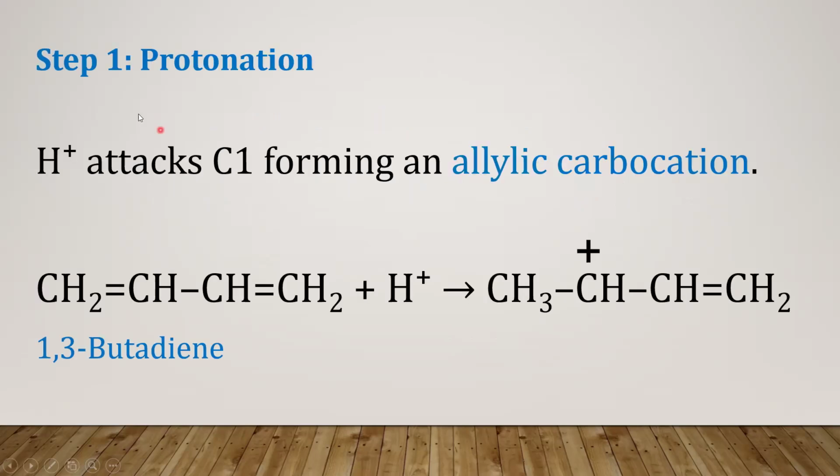Now, as a first step, there will be protonation. The H plus ion formed from HBr, our electrophile, will attack the C1 carbon. In 1,3-butadiene, there are C1, C2, C3 and C4 carbons. C1 and C3 have the double bonds.